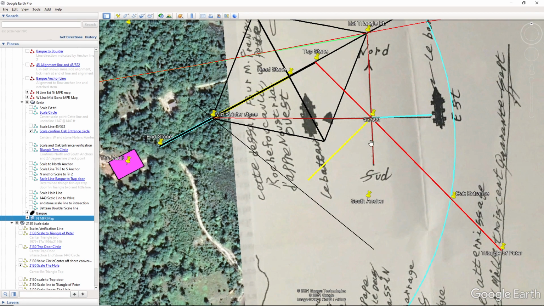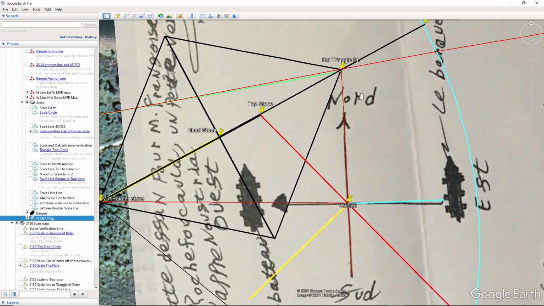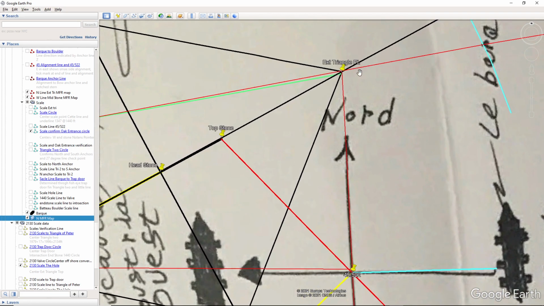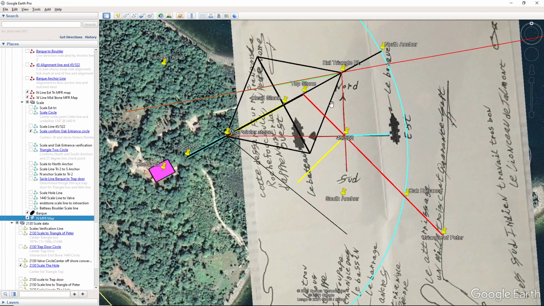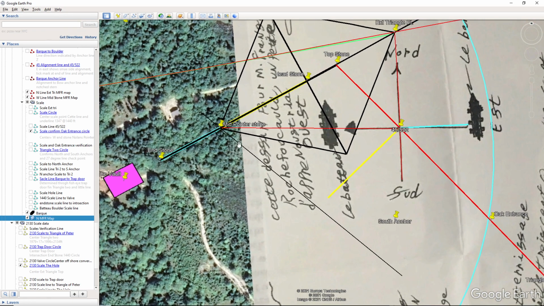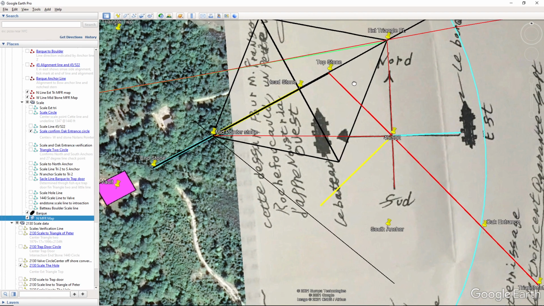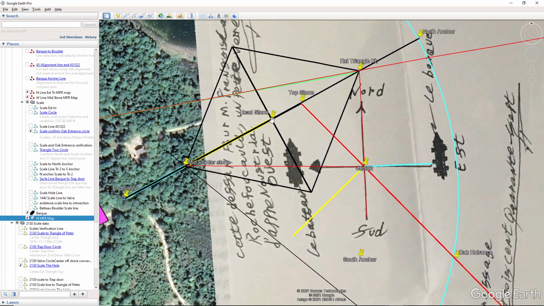But anyway, this north-south line here is offset, but look where it points to. It points to the extension triangle. And the extension triangle, all it is from the mid pointer stone flipped over across the headstone to here. It's the same distance.